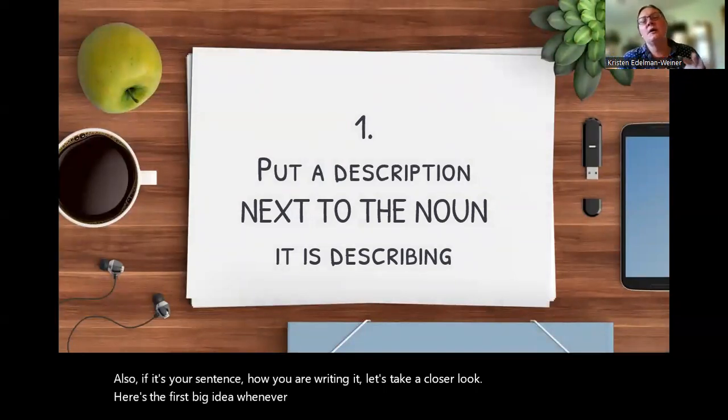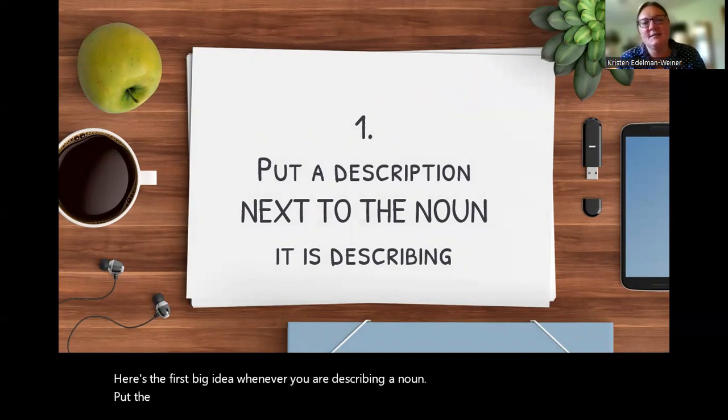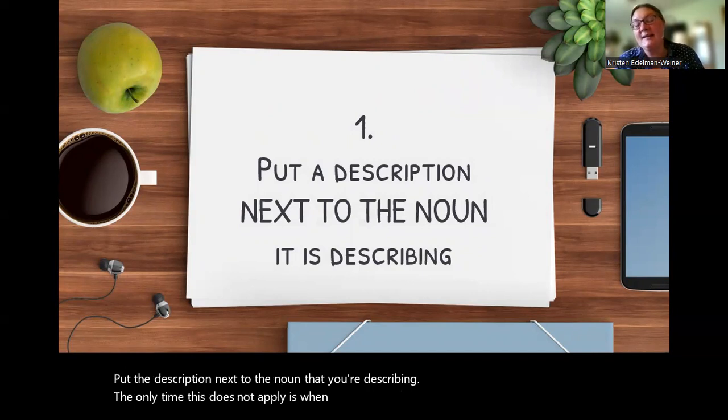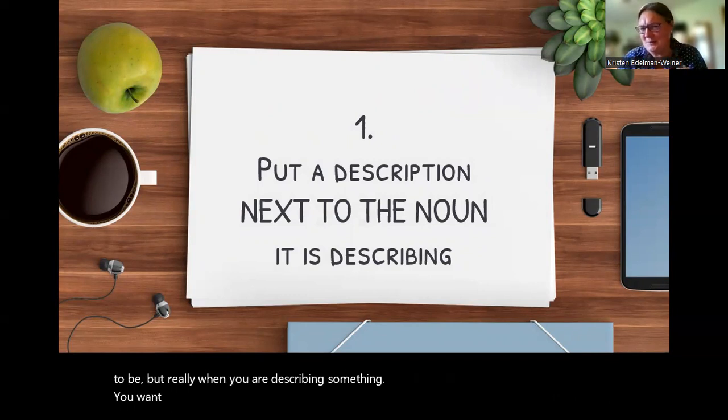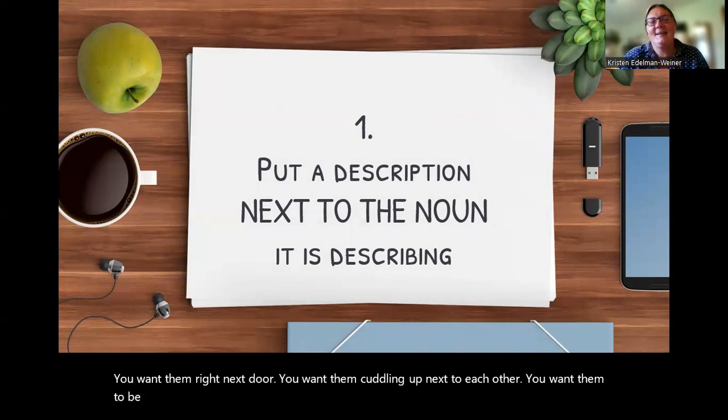Whenever you are describing a noun, put the description next to the noun that you're describing. The only time this does not apply is when it's a predicate adjective and it's coming after the verb to be. But really, when you are describing something, you want them right next door. You want them cuddling up next to each other. You want them to be friendly. Let's take a look.